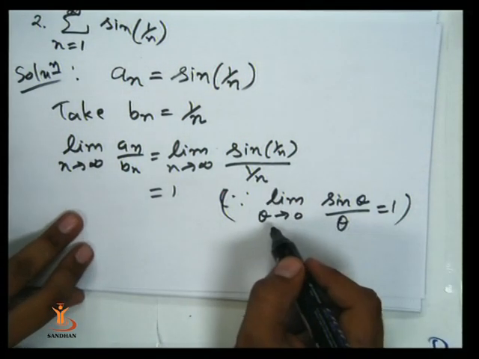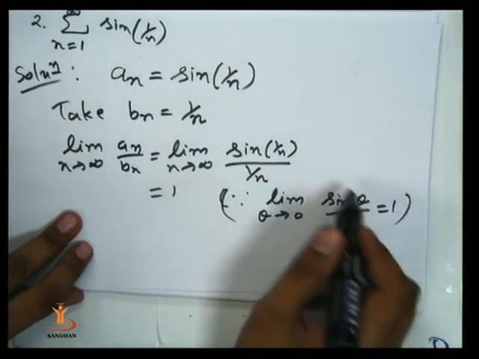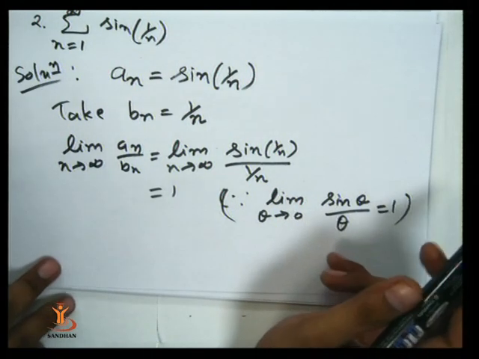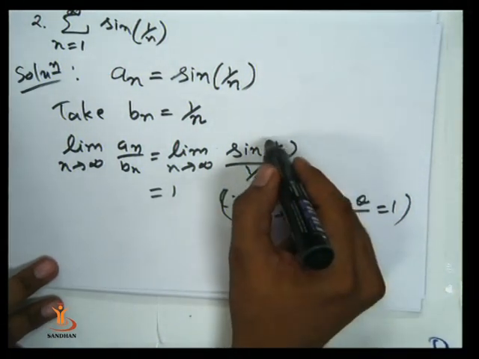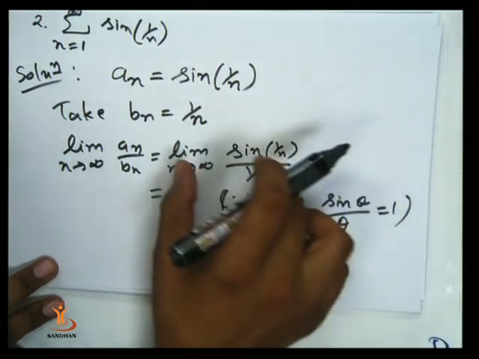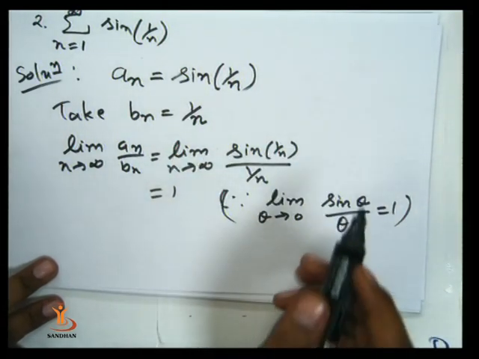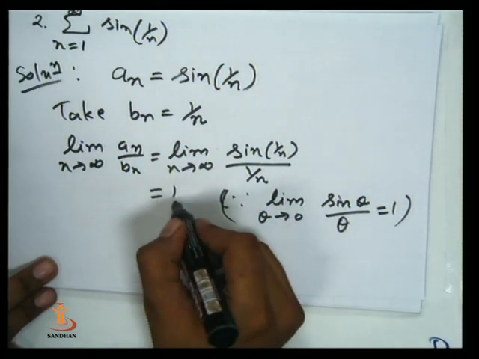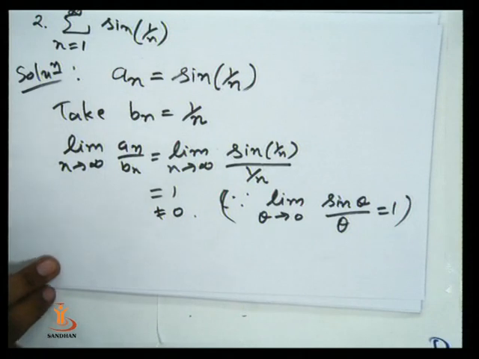Now here we have limit as theta tends to 0, and in this term we have n tends to infinity, but if we observe the terms, this term is going to be 0 and the denominator is also going to be 0, so the two results are the same if we choose 1 upon n equal to theta. So that limit is equal to 1, which is not equal to 0.